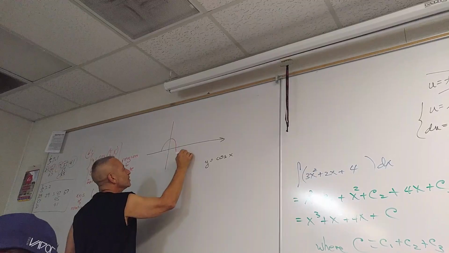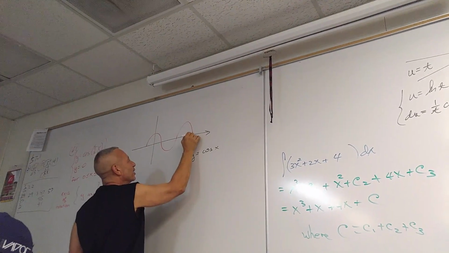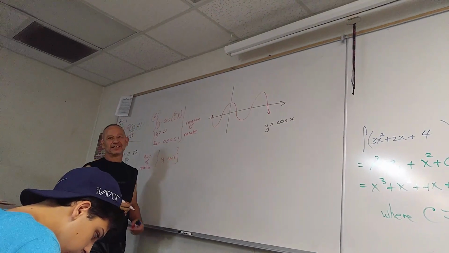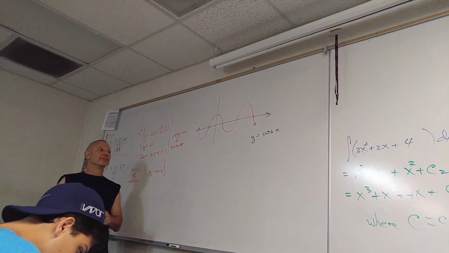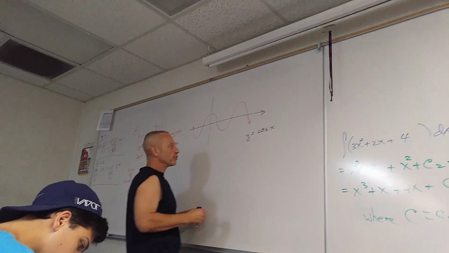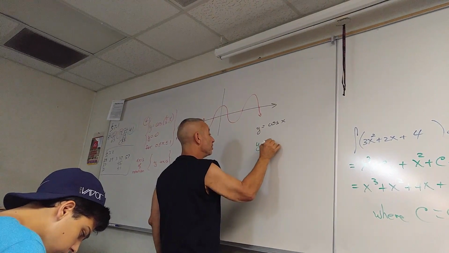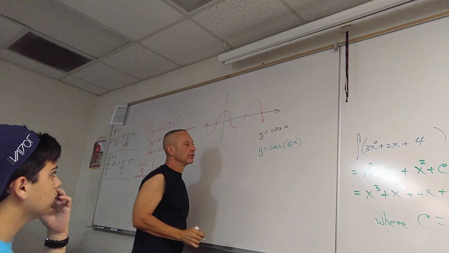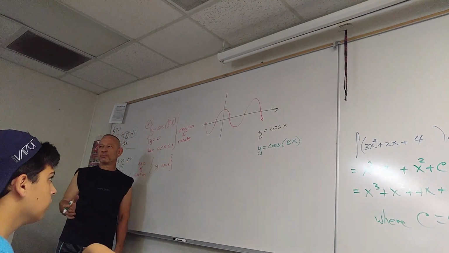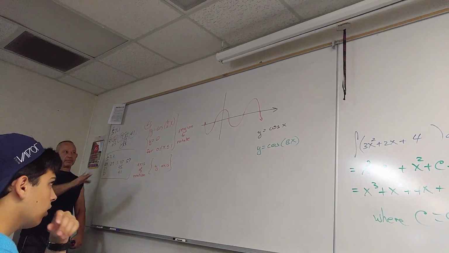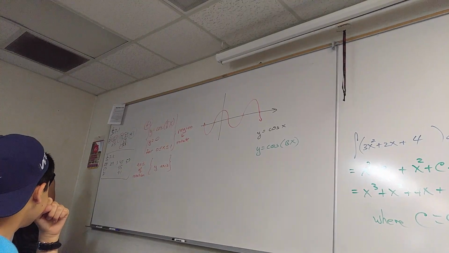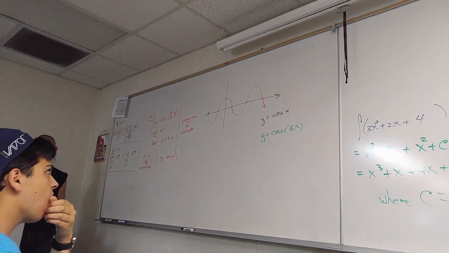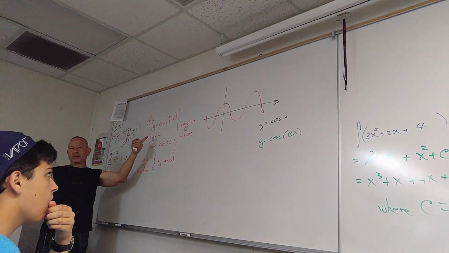That's what the cosine looks like, right? What happens if you look at the cosine of some multiple times x? All it does is change the period, doesn't it? It's going to be the same shaped curve, just like that, but either stretched out or squashed together. So that's what's going on here.